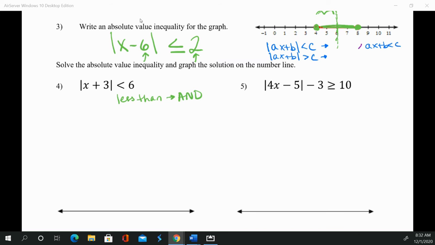We flip the inequality symbol and make that C value negative. For greater than, we have the given inequality without the absolute value, or flip the inequality symbol, make that C value negative.